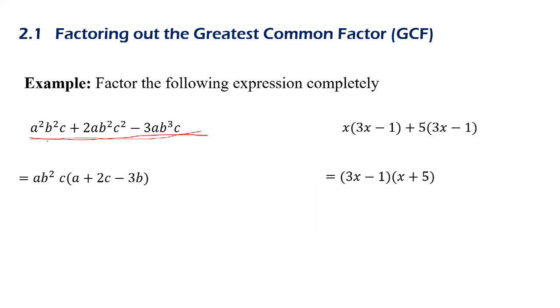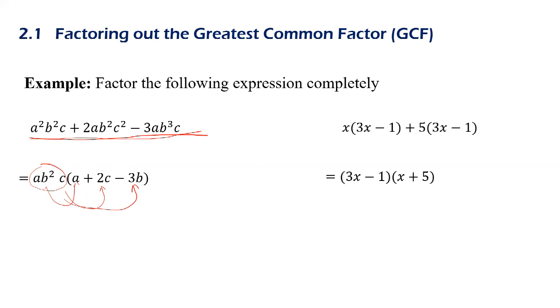Okay, first expression. It is not difficult to see that a b squared c is the greatest common factor of the whole polynomial, right? So we can just put it in front, and what's left in the brackets is a plus 2c minus 3b. Remember that you can always check or verify your result by distributing the common factor back into the 3 terms to get the original expression, right?